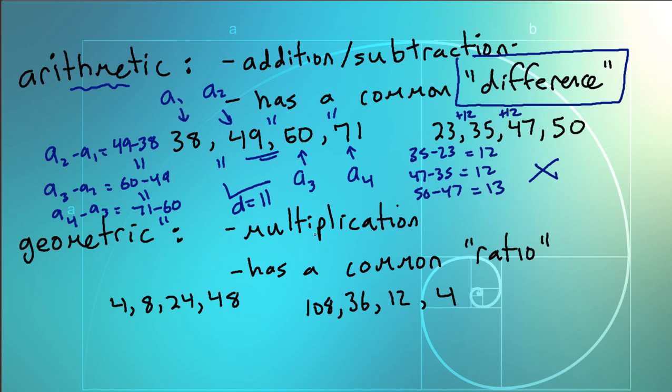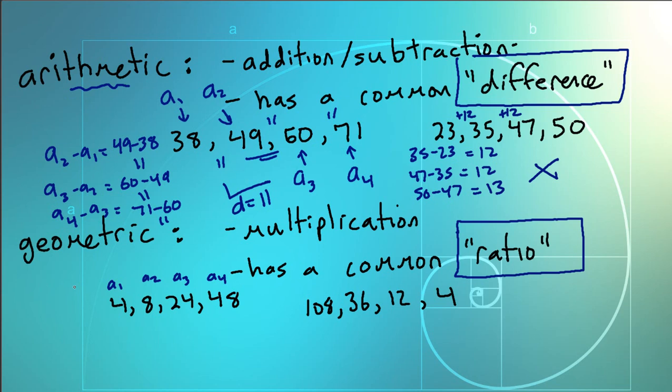The next type was geometric. That's repeated multiplication. And the thing that we're multiplying by, it could even be a fraction, is called the common ratio. So let's take this first one. Now we find the common ratio like we find the common difference, except if this is A1, A2, A3, A4, instead of subtracting those numbers, I'm going to divide them.